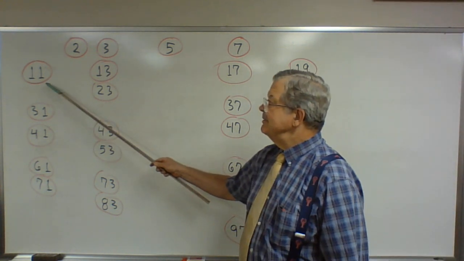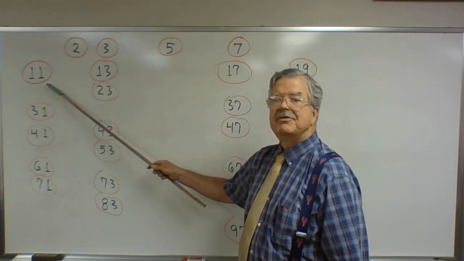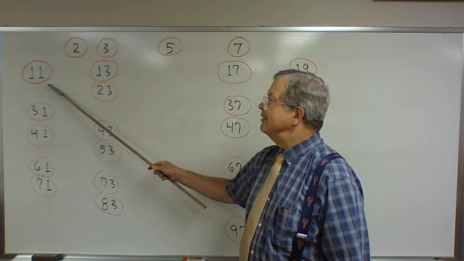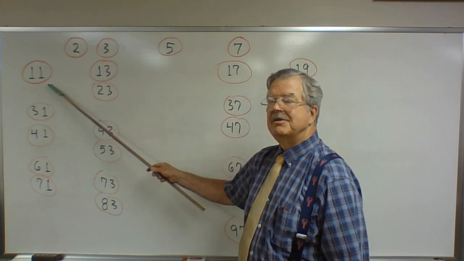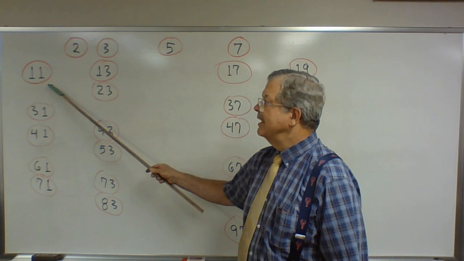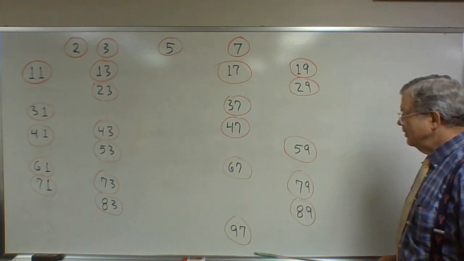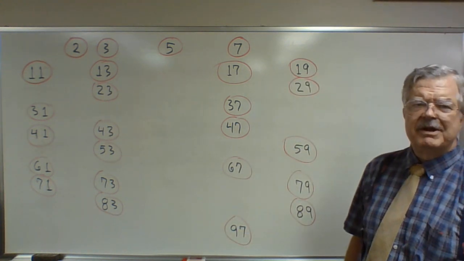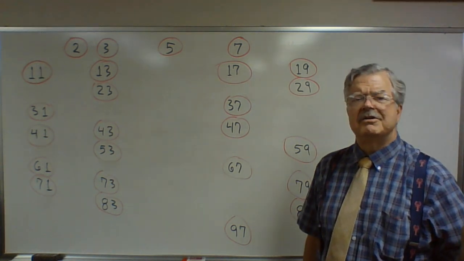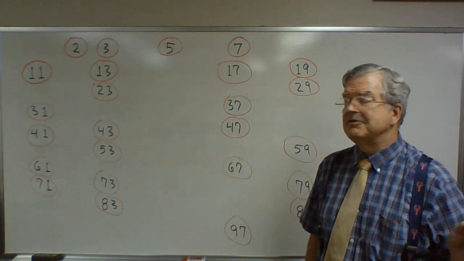We get to 11. The first number on the list that's a multiple of 11 that's still on the list, well, let's see. It should be 11 squared, but whoops, that's bigger than 100, and 100 was the largest number on our original list.